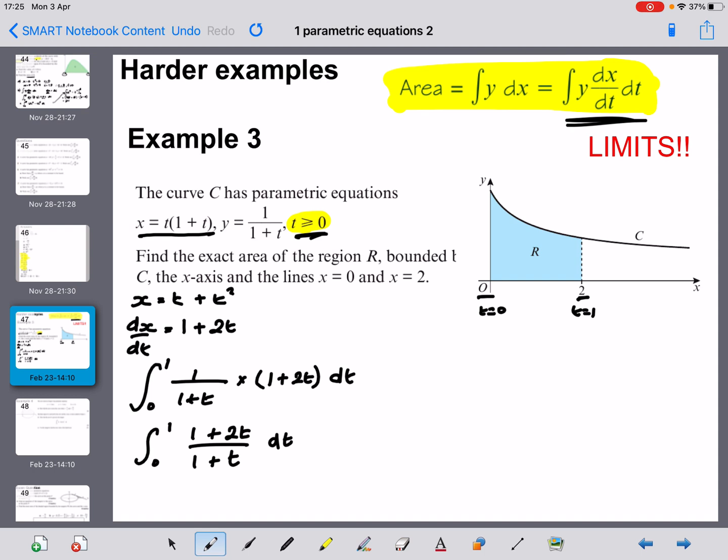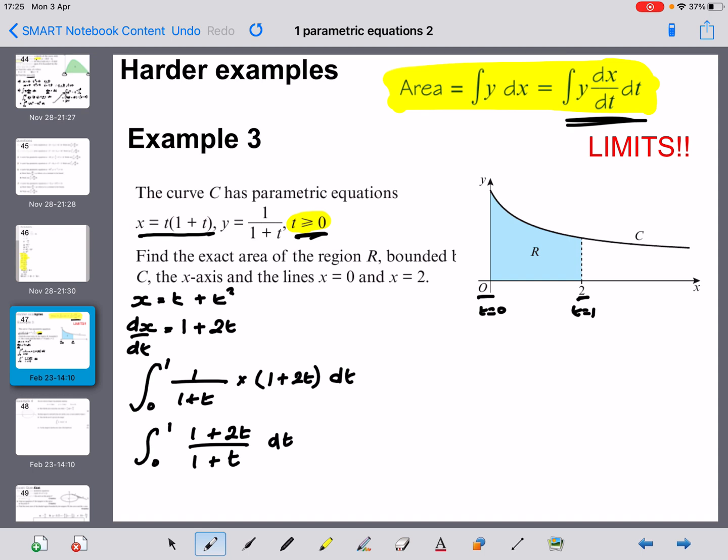Okay, there are a couple of ways that we could do this. It's not recognition, so we can't just do it by looking at it as it is. Not partial fractions, because we can't factorise the denominator. We could use substitution, because the denominator's function is similar to the numerator's function.